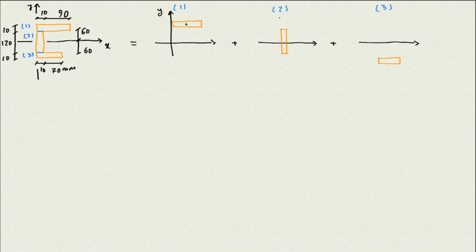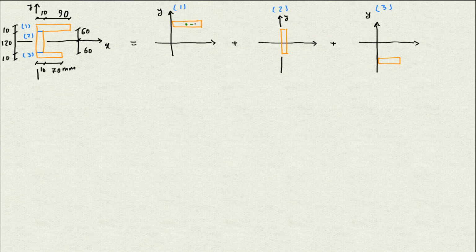For this one, the y-axis is going to be here, so that's the y. And for this one, the y-axis is going to be here. That's going to be the y-axis for each of these 3. And now if I find the distance to the centroid, this is going to be the centroid for the very first one.